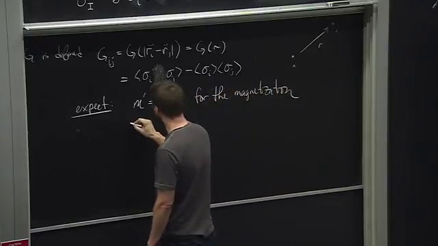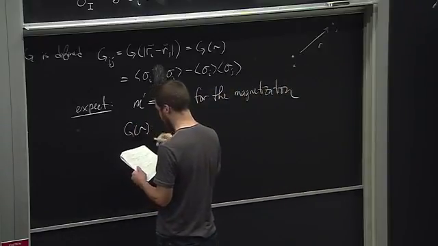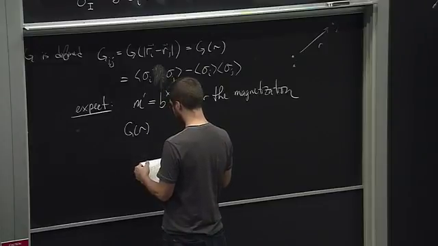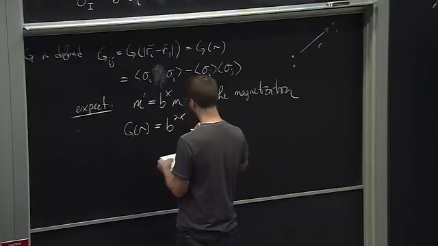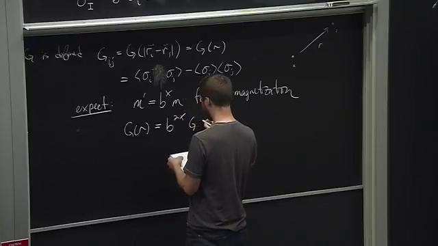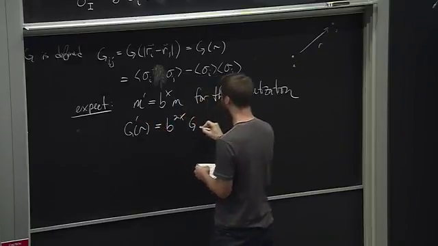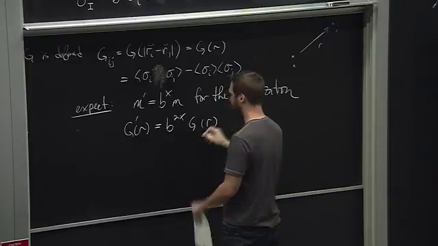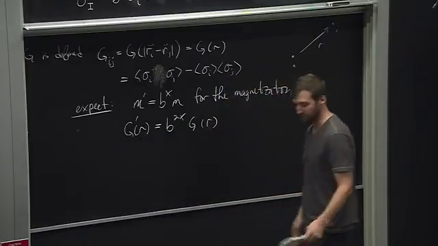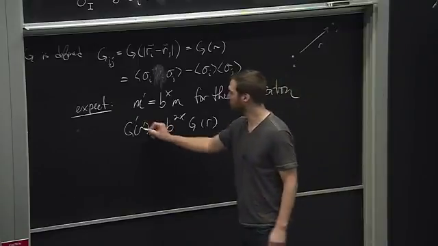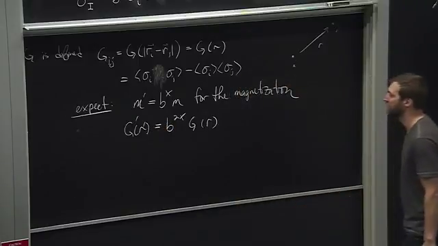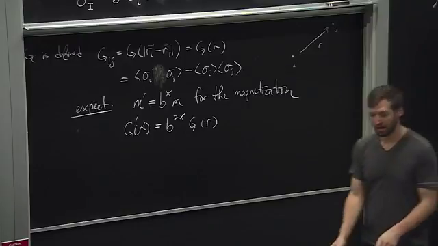And for G then, say G of R, I'll just write it like this: G prime is G of R, and you have to redefine that length scale. So maybe I should call it R prime.